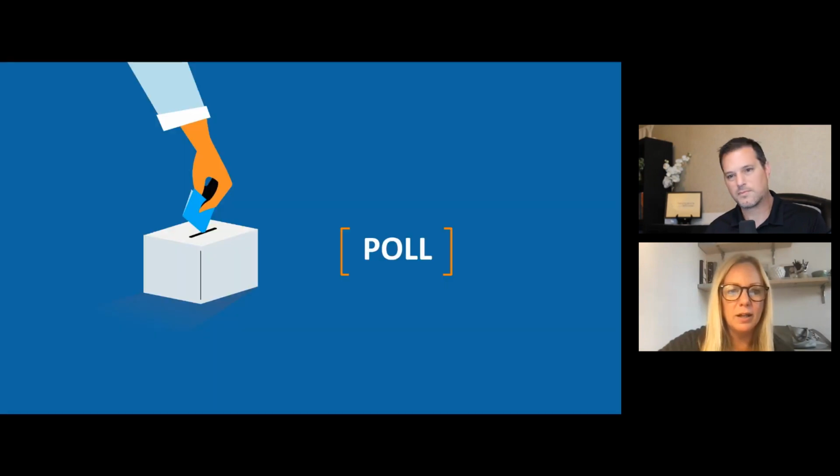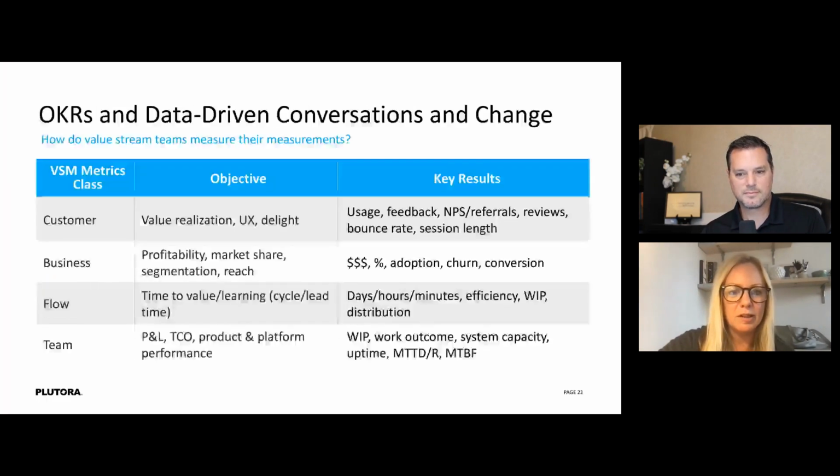So we're going to look at some example OKRs. I'm just going to skip back another couple of slides, actually. We're going to look at an OKR for the customer, thinking about these metrics that we've been talking about, one for the business and one for the team, and not for flow. In fact, I've been working on some newer versions of this table where I've taken this row out, because I think they're all kind of flow, and we've got flow across all of them, particularly customer.